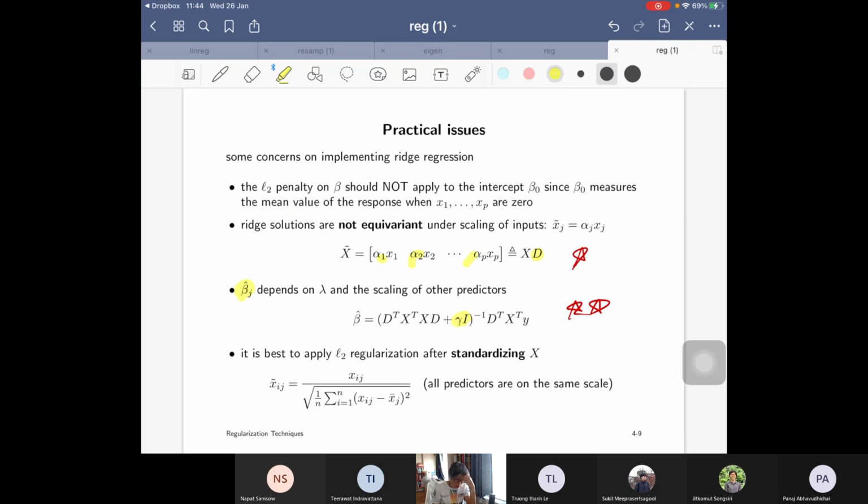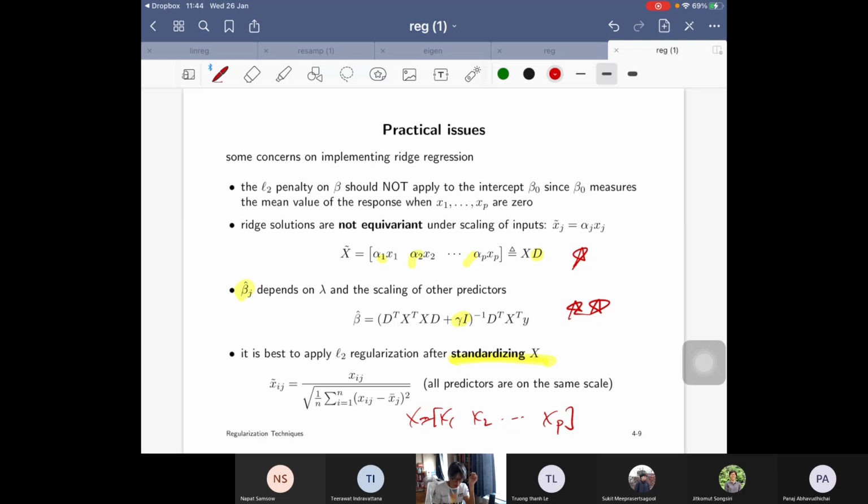So typically when people perform regression with regularization, a lot of the time they standardize the regressor matrix. What we mean by standardized is the following. You have p columns, right? What do we mean by standardized?